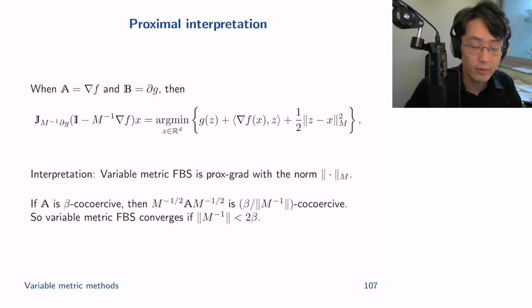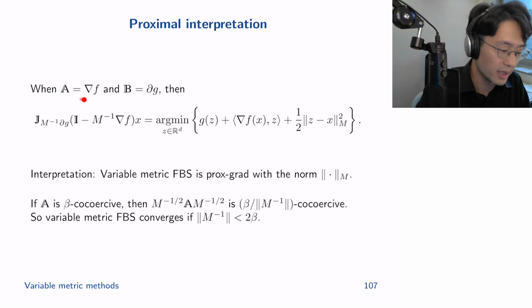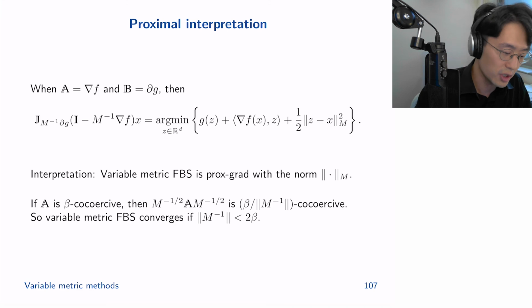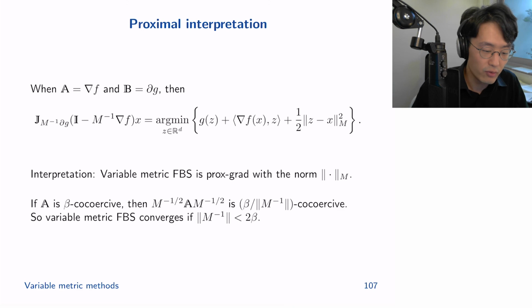The variable metric forward-backward splitting method has a nice proximal interpretation. When the operator A is the gradient operator of a smooth convex function f, and the operator B is a subdifferential operator of a CCP function g, then this iteration of the variable metric FBS can be written as solving this argmin.